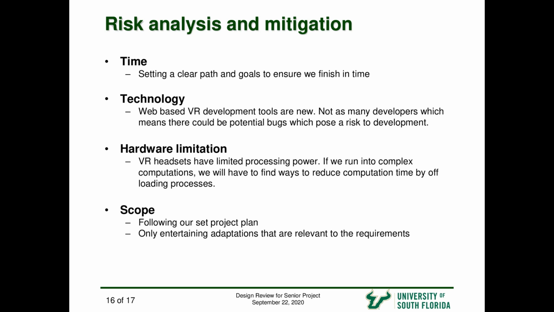A-Frame and WebXR are both new technologies, so documentation is low, meaning that we may have to either research more or build things from the ground up. Like I previously said, the hardware is not the greatest and may take long to process marching cubes. And the last one is scope, which is making sure we do not stray from the requirements and guidelines that we were given by Johnson & Johnson.